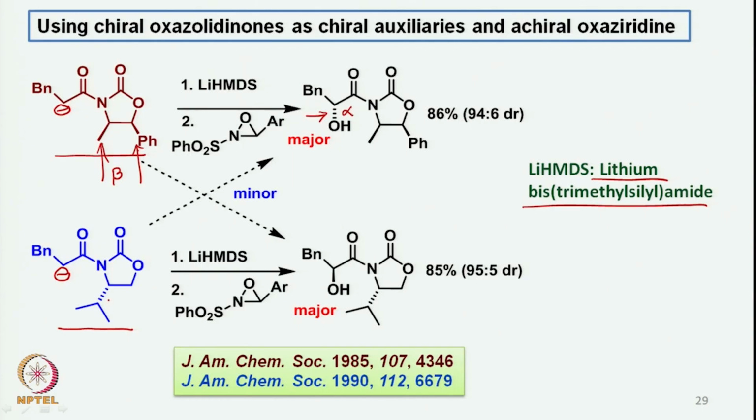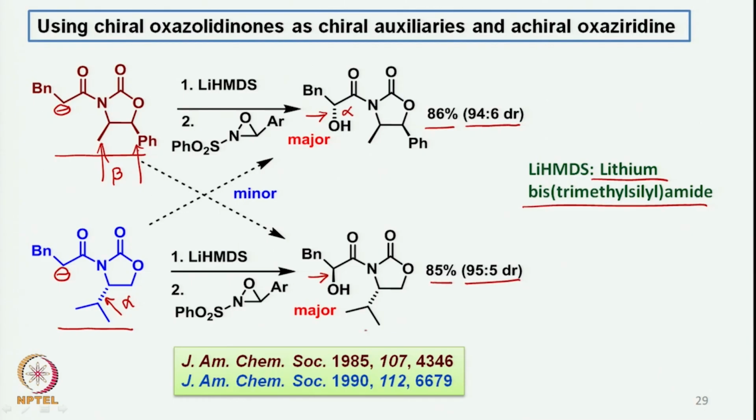On the other hand, if one takes this as an alpha oriented substituent, the group which is transferred comes from the beta side, so opposite to this side. As you can see, the diastereomeric ratio is very large and the yield is also good.